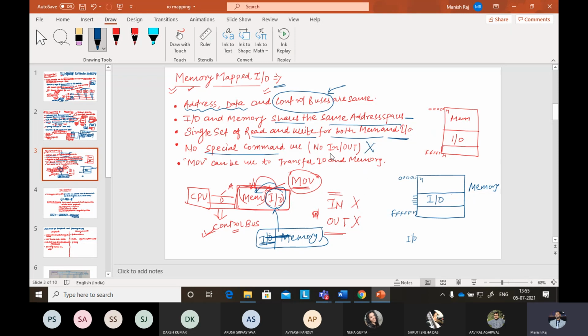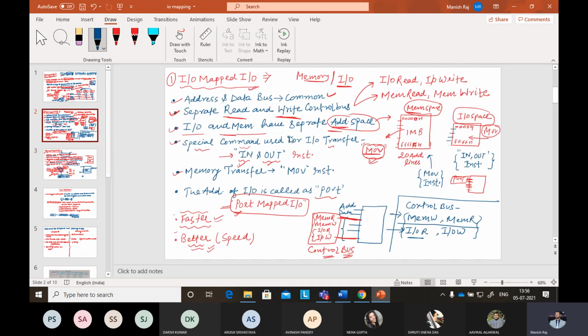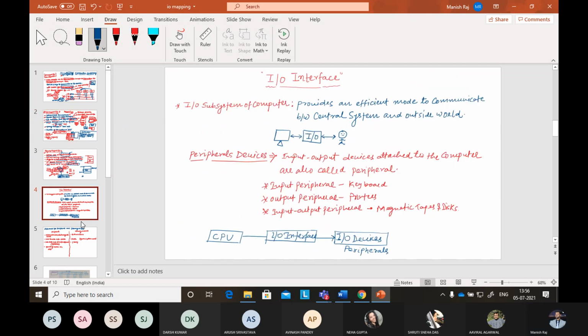There is no need to put IN or OUT because IO is working as memory here. So only the MOV instruction can be used to transfer the data for IO or the memory. So for the IO devices and the memory, you can use the move instruction. Till now, I think these points are clear. What is the difference between IO mapped IO and memory mapped IO? Is it clear, beta? Yes, both things are clear.